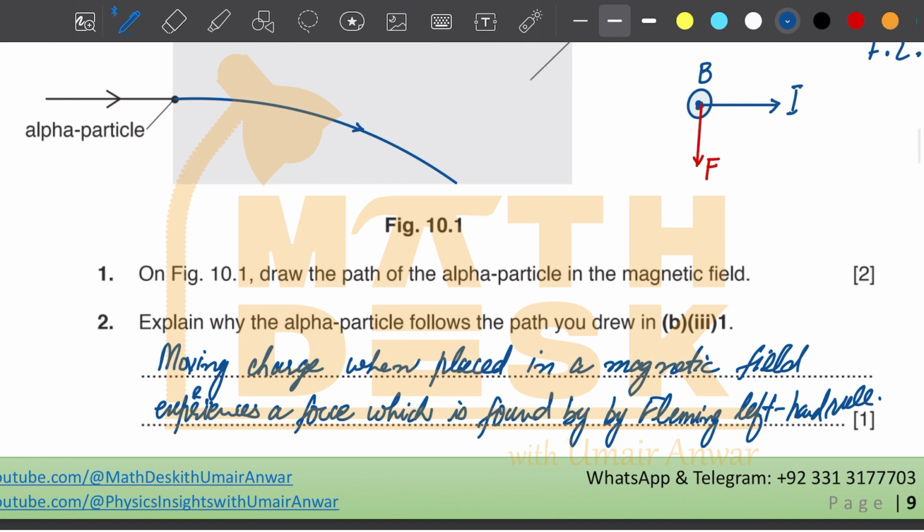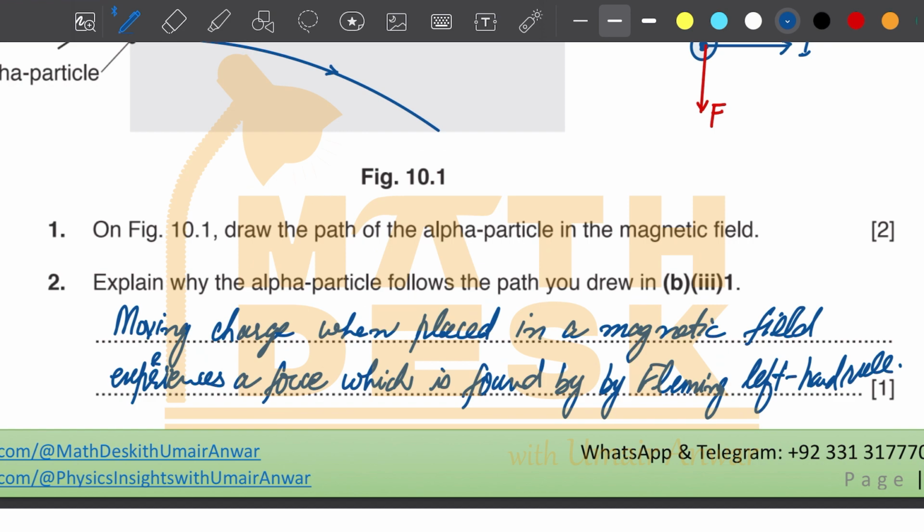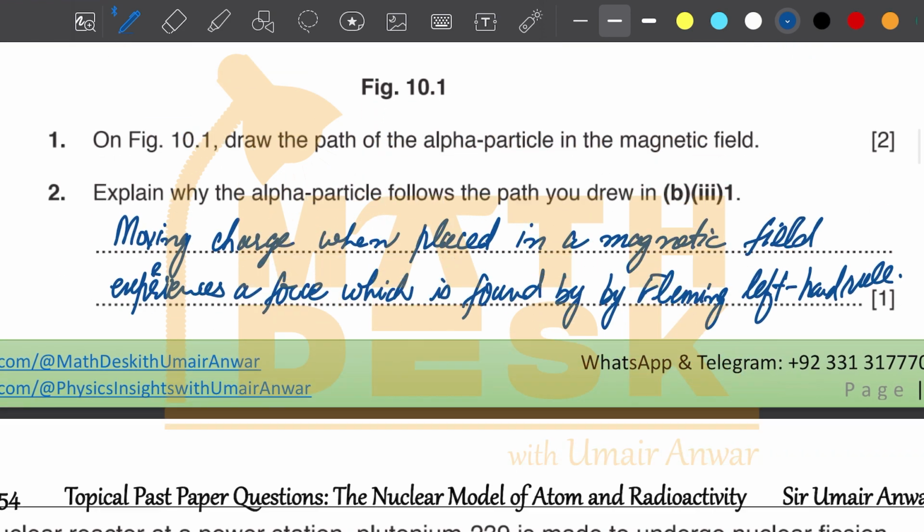So this is how we can find the direction of the force, and the reason is that the moving charge was placed in a magnetic field.